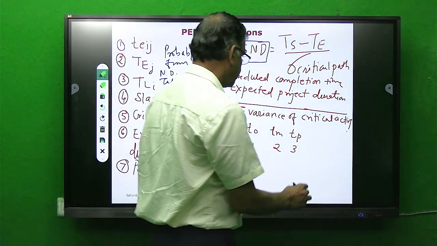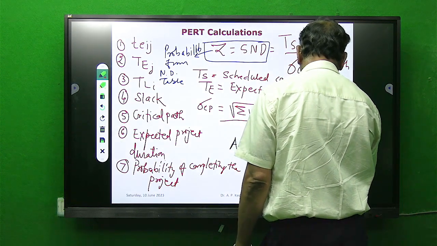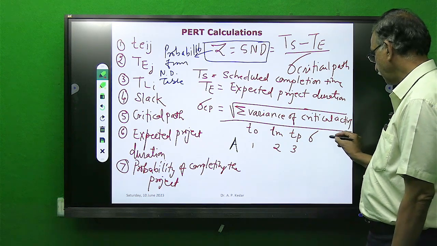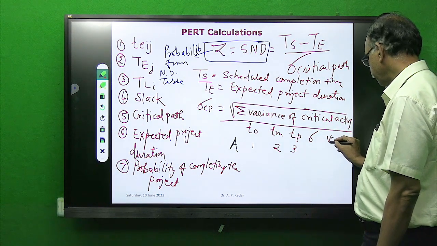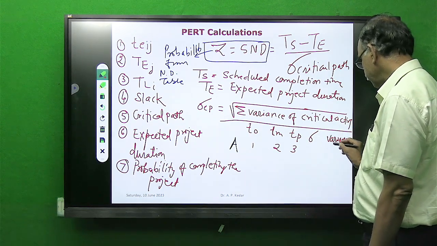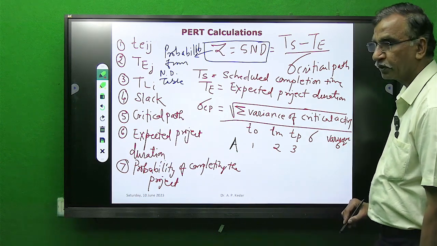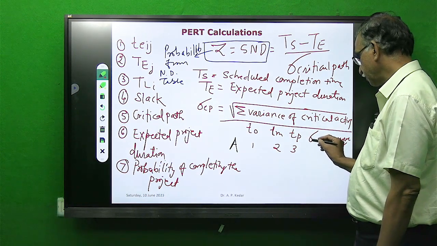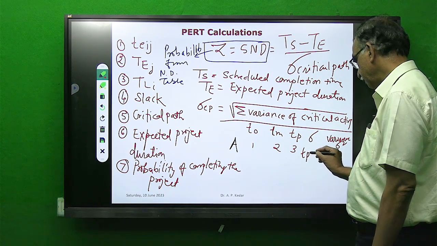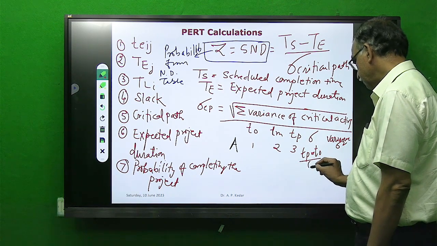So first we will calculate sigma, that is standard deviation, and then variance, that is sigma square. So here this sigma is calculated as TP minus TO by 6.